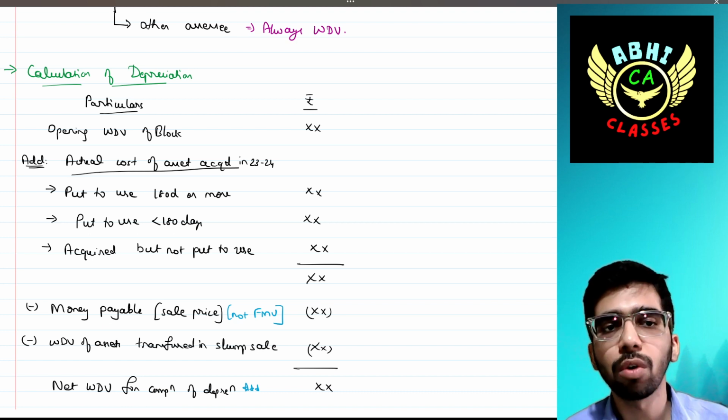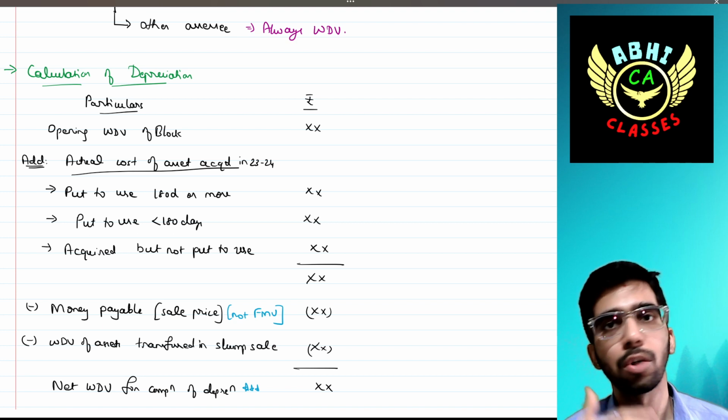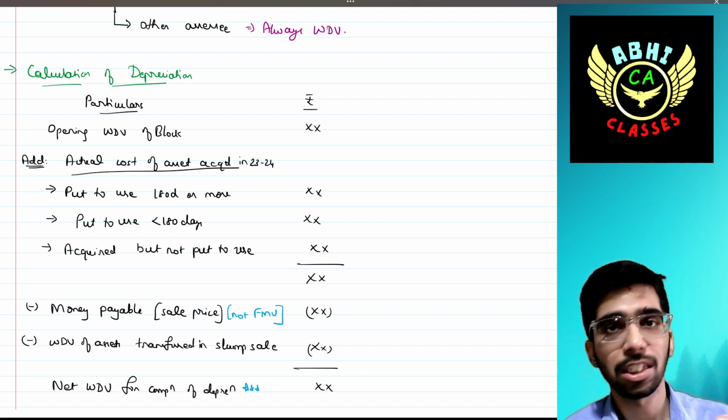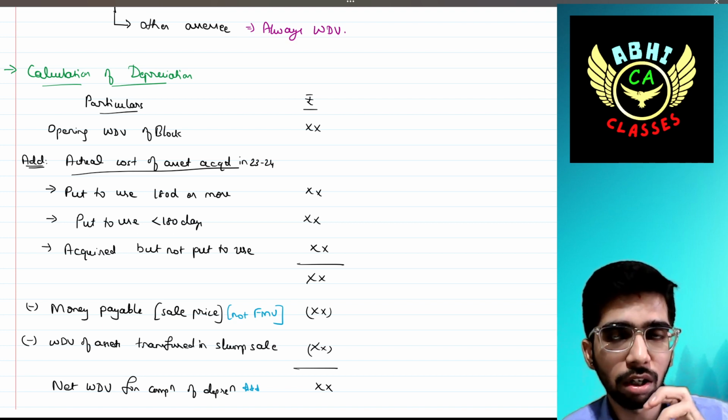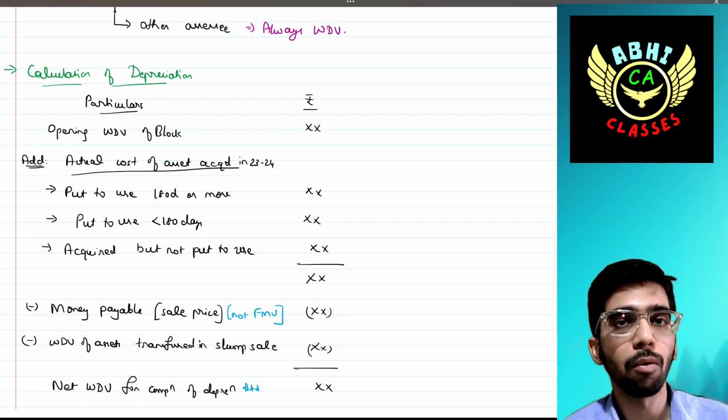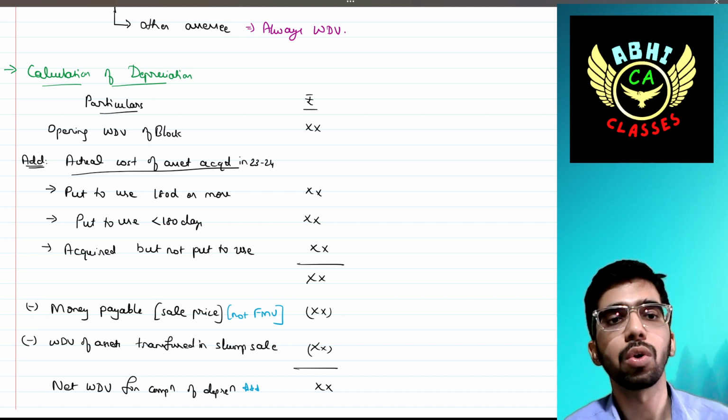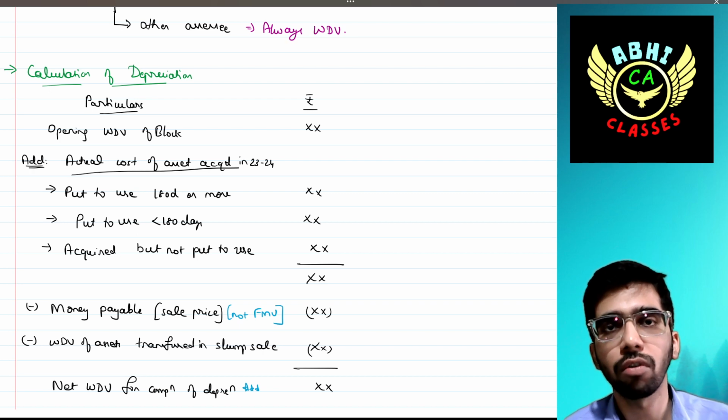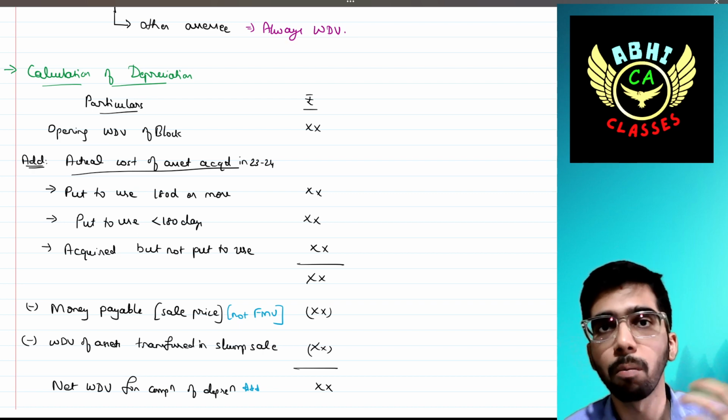Add the actual cost of assets acquired during the previous year 23-24, which will be classified into three categories. Number one, the asset is put to use for 180 days or more.